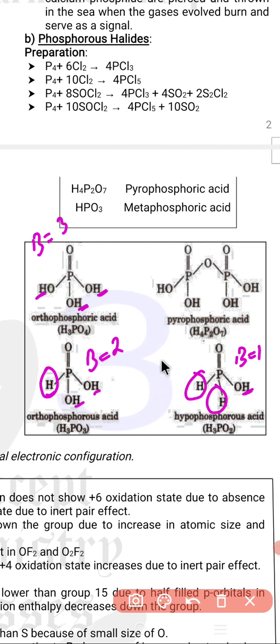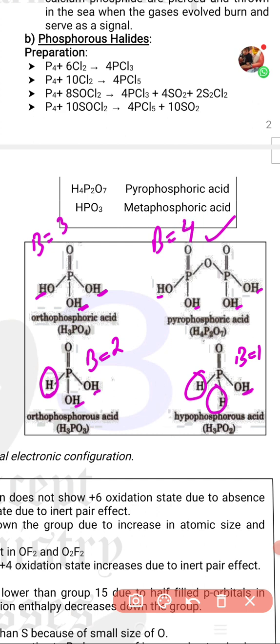Okay, this is another structure of H4P2O7. In H4P2O7, all the 4 hydrogen atoms are attached to oxygen, so the basicity of this oxoacid of phosphorus will be 4.